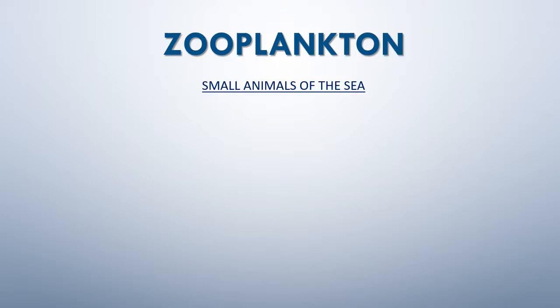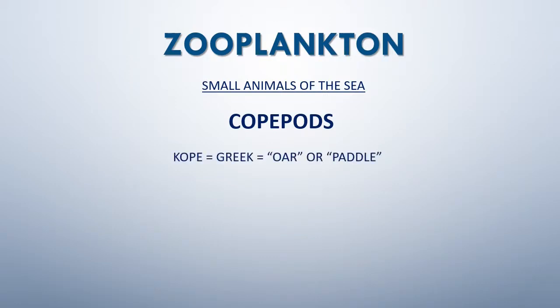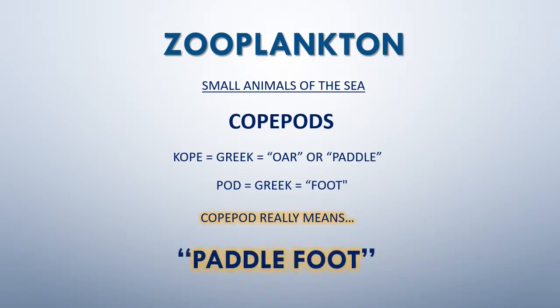One example of zooplankton are called copepods. They get their name from the Greek word cope, meaning oar or paddle, and the Greek word pod, meaning foot. So, copepod really means, you guessed it, paddle foot.